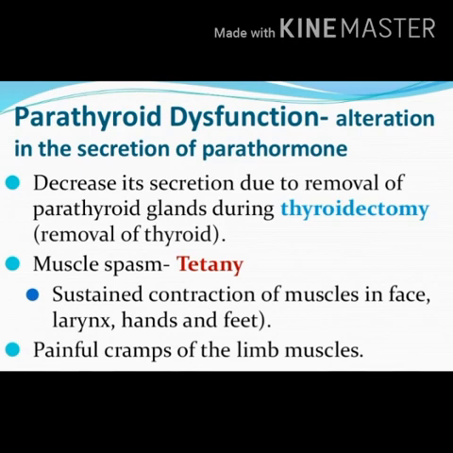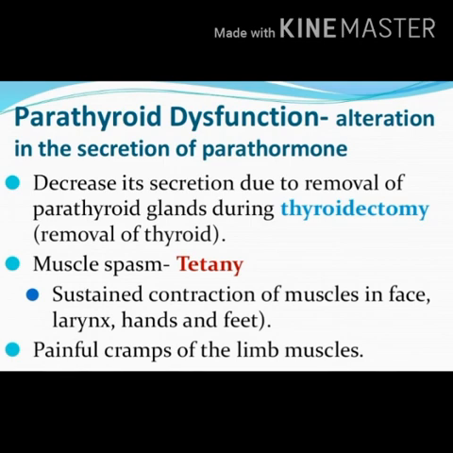Removal of the thyroid gland is known as thyroidectomy. If there is any abnormal condition in the thyroid gland, we remove it. While removing this gland, the parathyroid glands may also get removed along with it. Because of this, there will be a decrease in the secretion of parathormone, and it will lead to muscle spasm, which is called tetany.